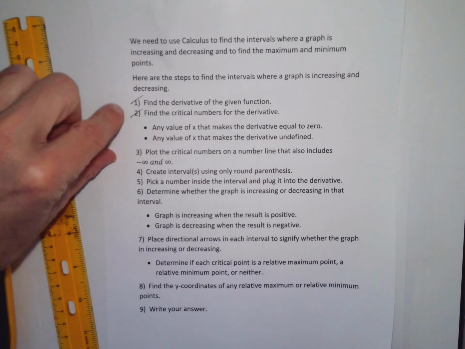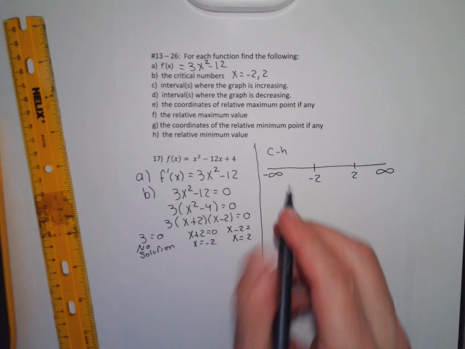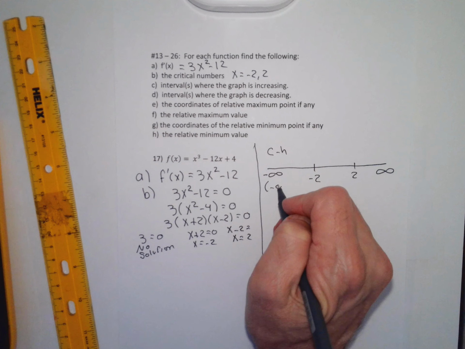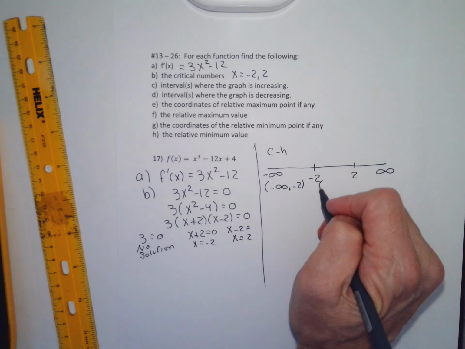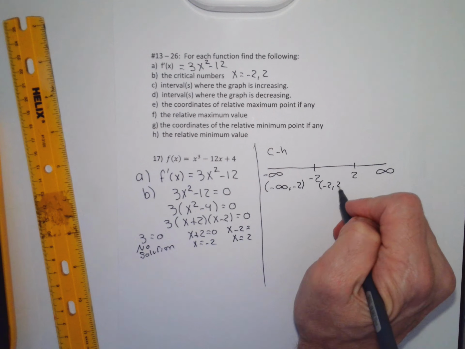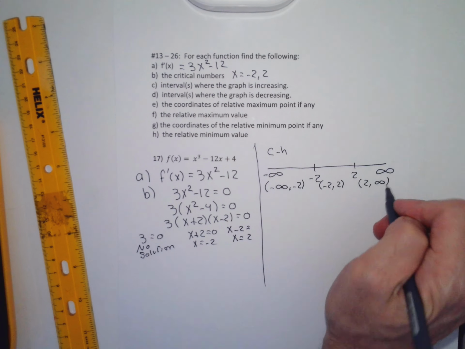Found the derivative, found the critical numbers, plot the critical numbers on a number line that has negative and positive infinity. Now create intervals using only round parentheses. So my first interval is going to be negative infinity to -2, and then -2 to +2, and then +2 to infinity.